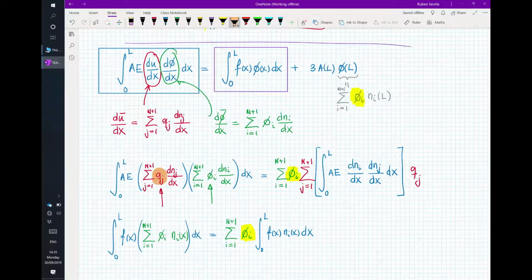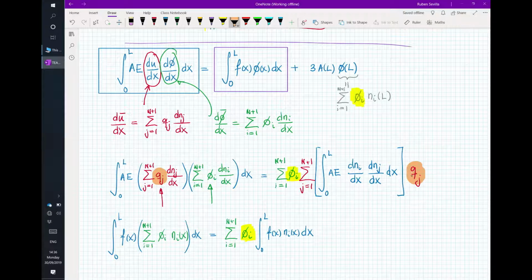These are the unknowns, the q's, the coefficients of my displacement. And then the right-hand side with known data once more: external forces and the known stresses on the right-hand side.